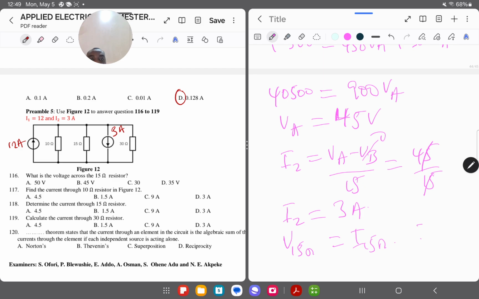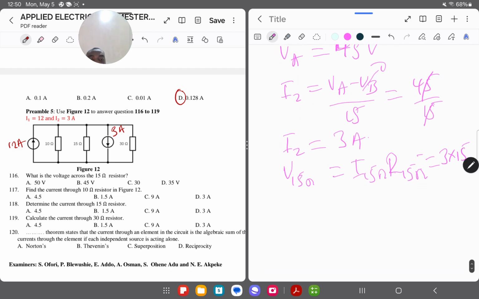It's even more comprehensive to do it this way. So now I'll get my 3 times 15. Then we get again the voltage across the 15 ohms to be 45 volts. So here becomes 45B.